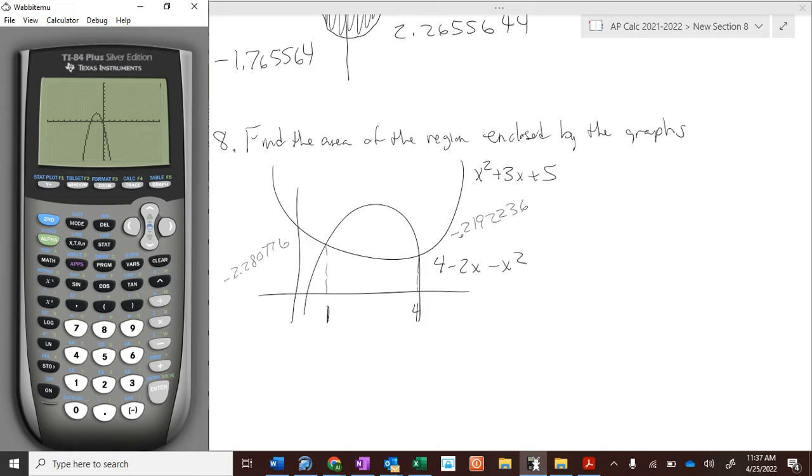And go second trace, negative 2.280776. Second trace 7. That's the lower limit, negative 2.280776, and negative 0.2192236 is the upper limit. And you get 2.92.